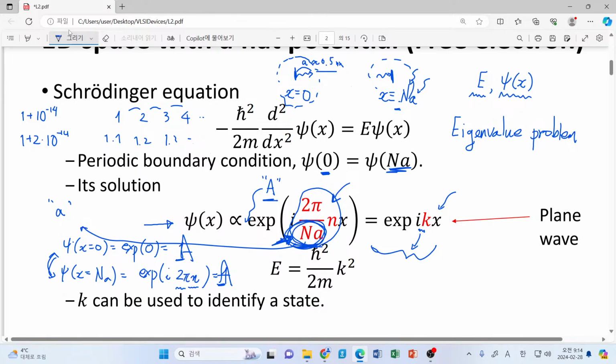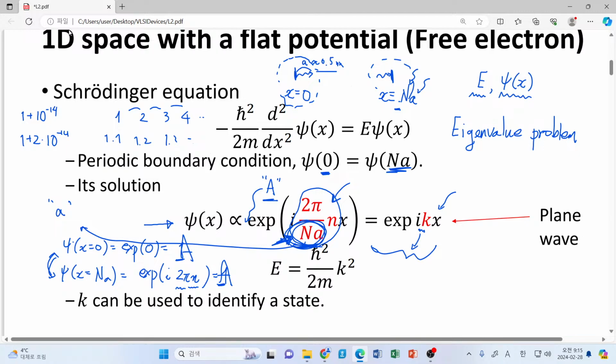So yes, they are also all different, and their difference is exactly given by 10 to the minus 14. However, if we just visualize them, then what happens? 1, 2, 3, 4, they can be clearly distinguished. However, if we just draw these numbers, 1 plus 10 to the minus 14, 1 plus 2 times 10 to the minus 14, then although they are distinctive, they look like just a continuous number. We will eventually follow that description.